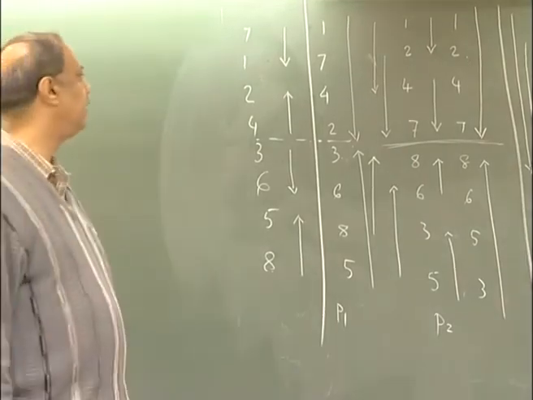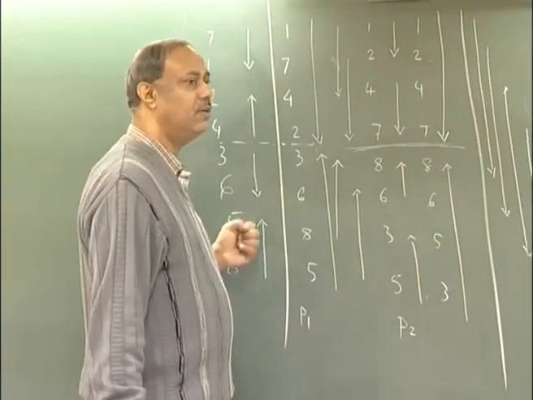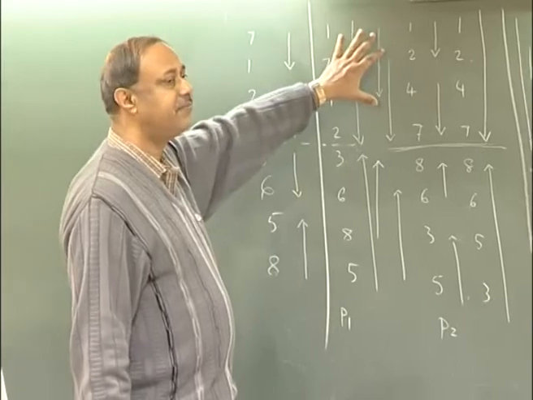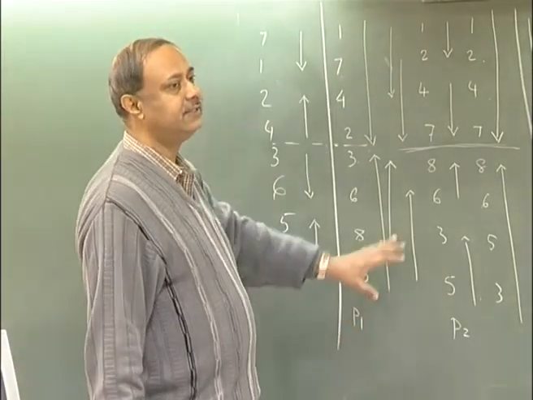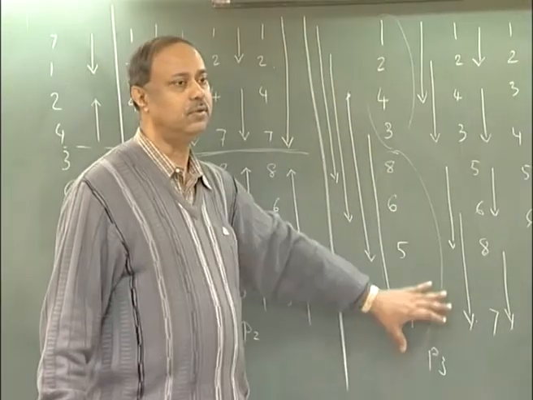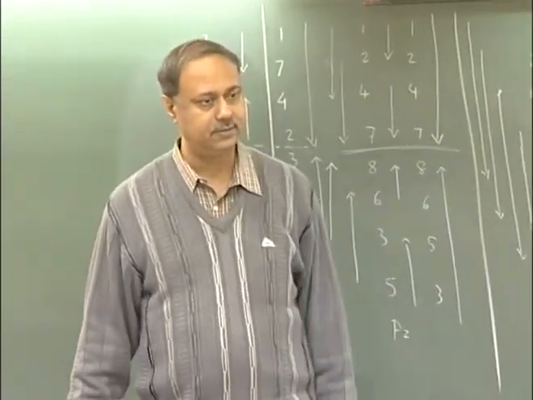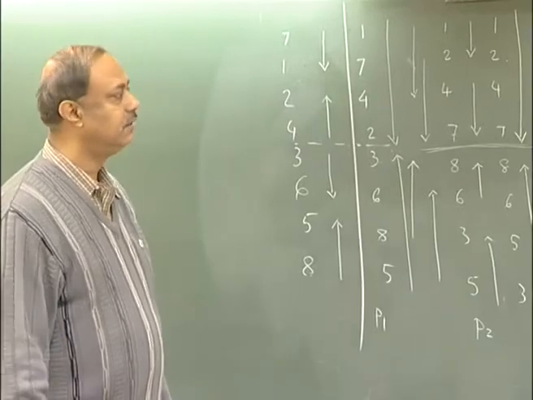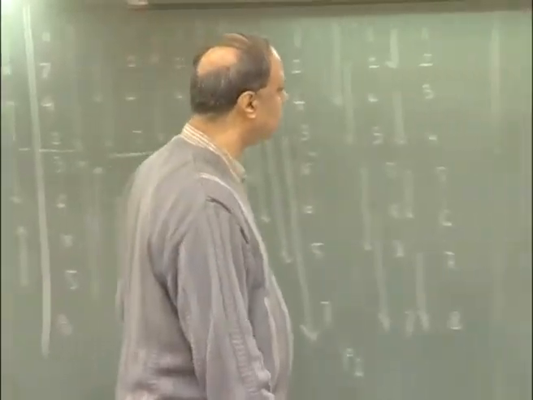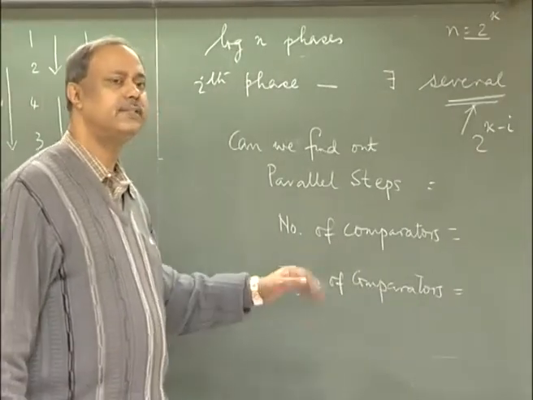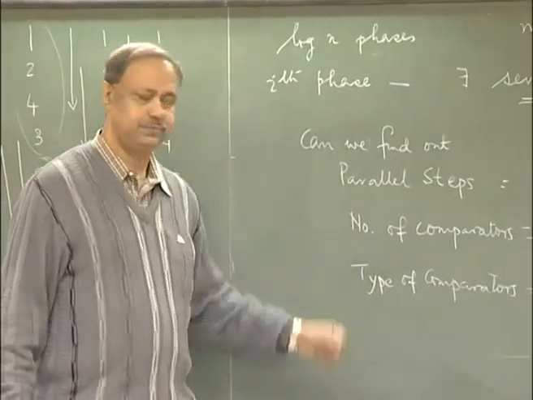In the first phase, alternately high low high low; in the second phase, it is low low high high; then it is low low low low. That is the only thing, right? So the type of comparators you will be using is known to you. Now what about these two?